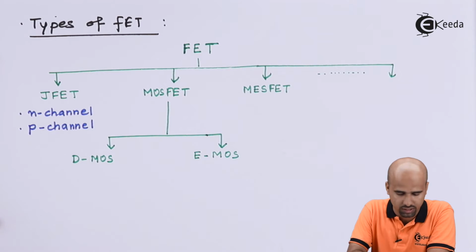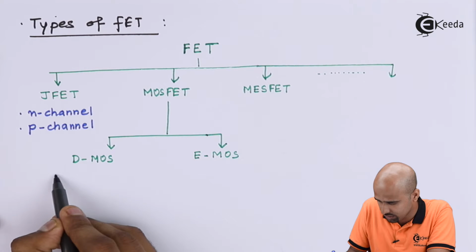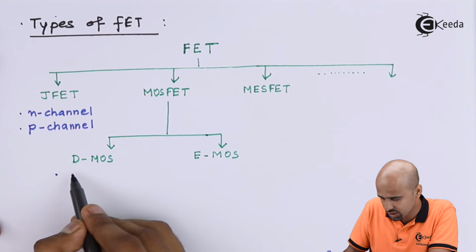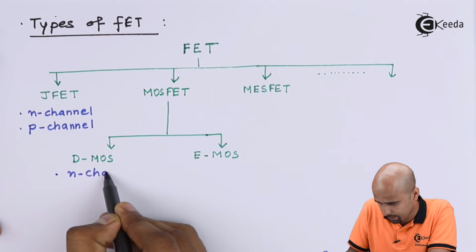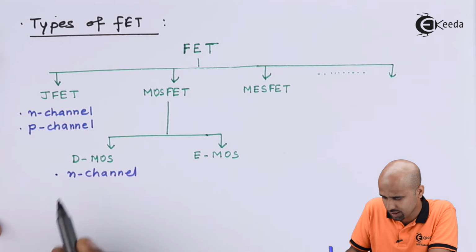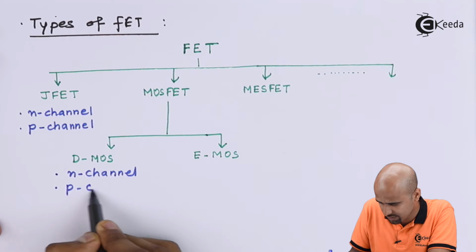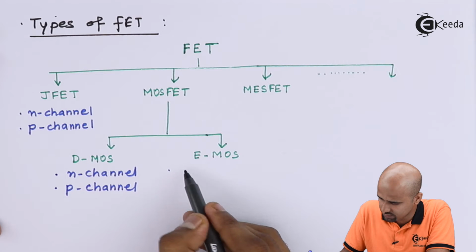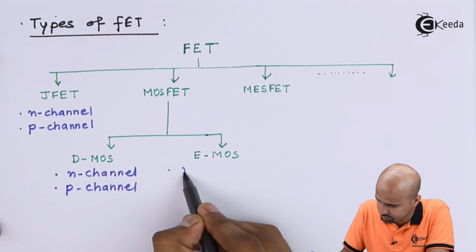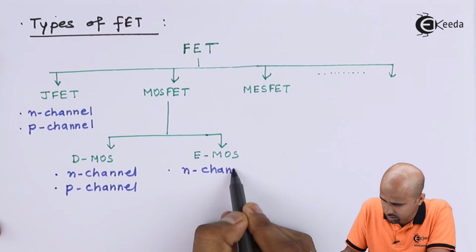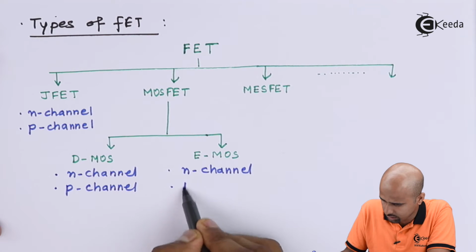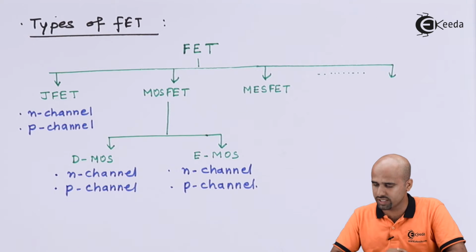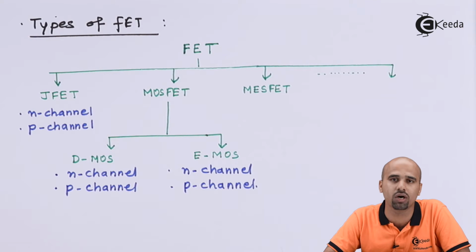Again, D and E are further divided into two parts based on the semiconductor as a channel. So this is N channel DMOS, this is P channel DMOS. Here we get N channel and here P channel. So this is all about the classification of FET.